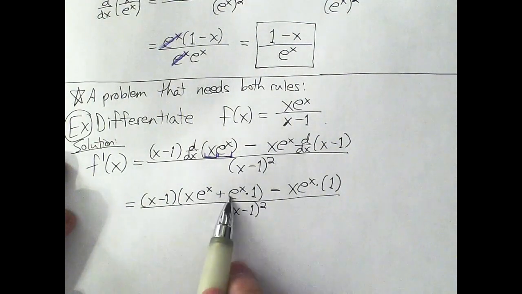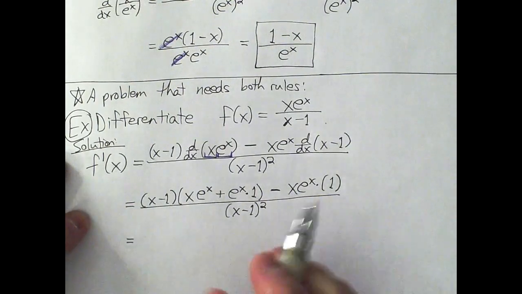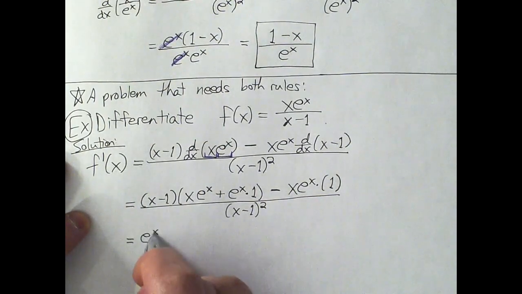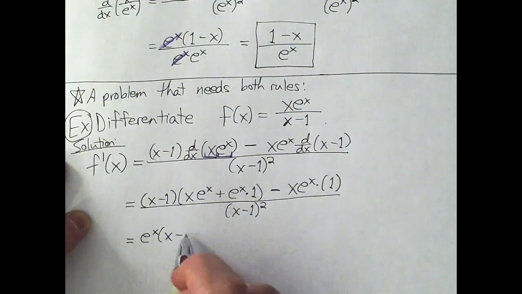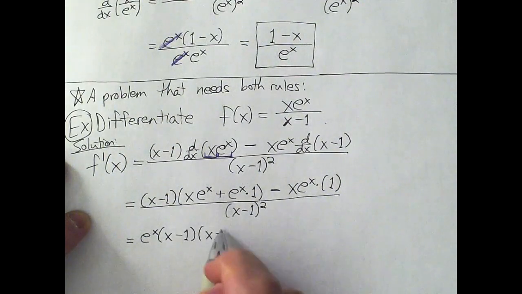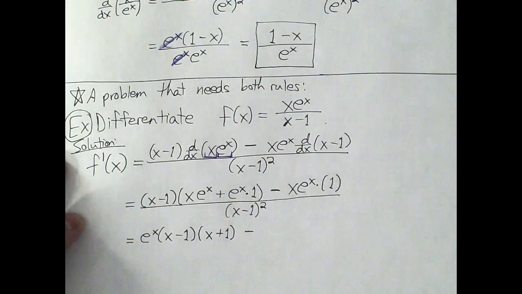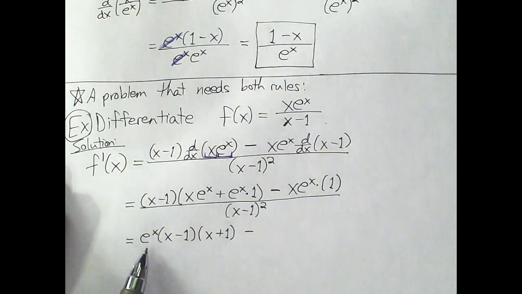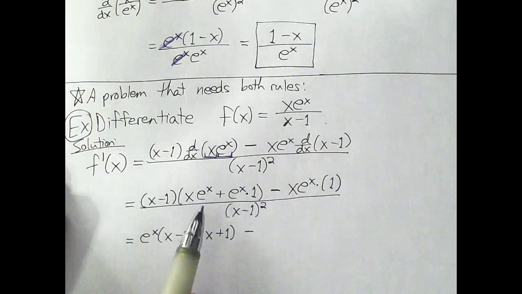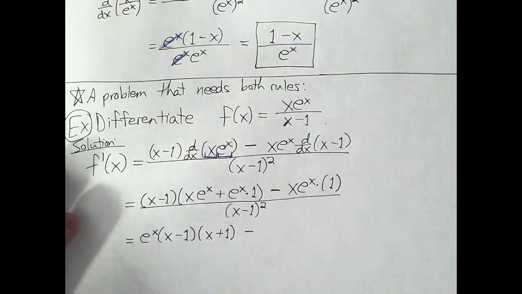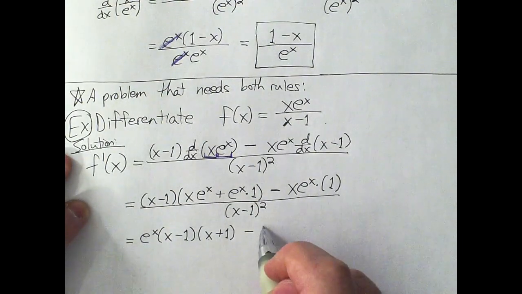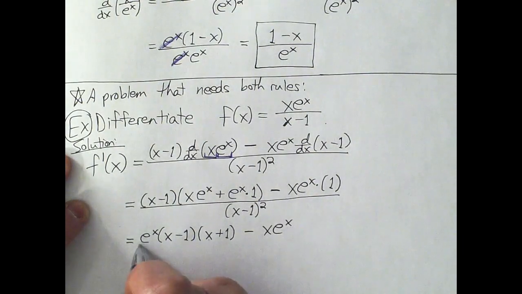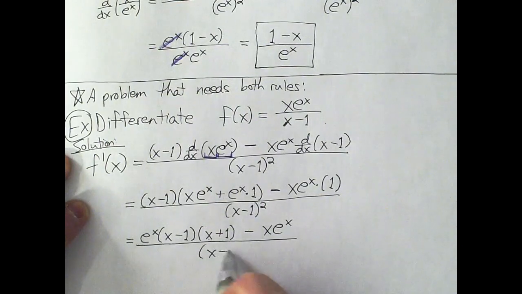I see e to the x and e to the x. You know, when it comes to algebra, sometimes you have some choices to make. I'm choosing to do it this way. That's what I'm turning that whole piece into. I pulled e to the x out. I still have the x minus 1. And then what am I left with in this set of parentheses? If I pulled e to the x out, then I'm left with x plus 1. And then over here, we have minus x e to the x. All of that is still over this squared.